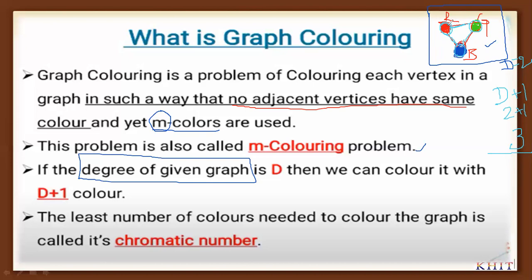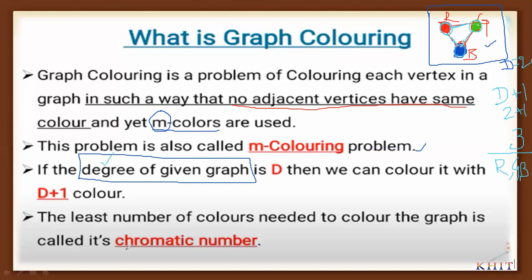So here I have colored the given graph with 3 colors: the first color is red, the second color is green, and the third color is blue. In this way, we can find the degree of the graph.